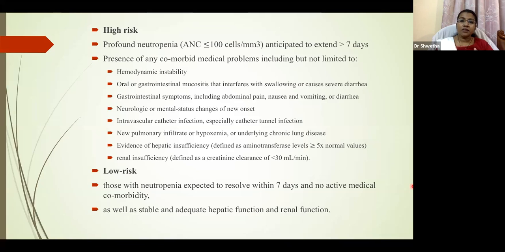And if they have any comorbid medical problems like hemodynamic instability or severe mucositis or any abdominal pain, nausea, vomiting, diarrhea, presence of any new neurological symptoms, then the presence of an intravascular catheter, any central lines present, if they show a new pulmonary infiltrate, or there is any evidence of hepatic insufficiency or renal insufficiency, all of this is grouped under high risk. And low risk patients are those in whom we expect the neutropenia to resolve within 7 days and they have no active medical comorbidity and they have stable and adequate hepatic and renal function. So that is high risk and low risk.